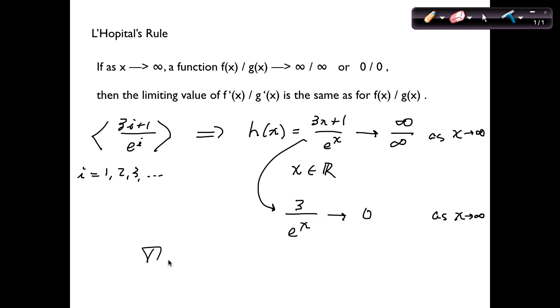Therefore, by L'Hopital's rule, this function goes to 0 because this ratio of its derivatives goes to 0. That's what L'Hopital's rule says. And if this goes to 0, then our sequence goes to 0.